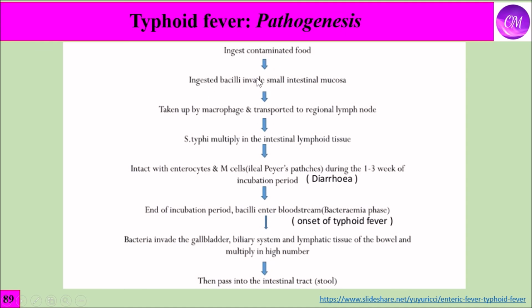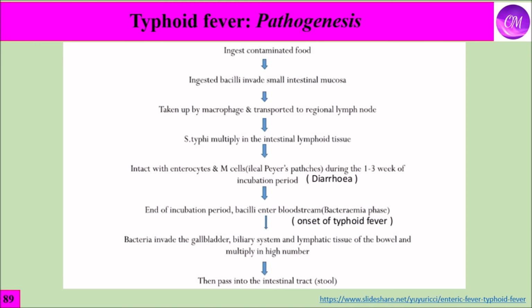Ingested bacilli invade small intestinal mucosa, are taken up by macrophages and transported to regional lymph nodes. Salmonella typhi multiply in the intestinal lymphoid tissue, interact with enterocytes and M cells, the ileal Peyer's patches, during the 1 to 3 week incubation period, which results in diarrhea.